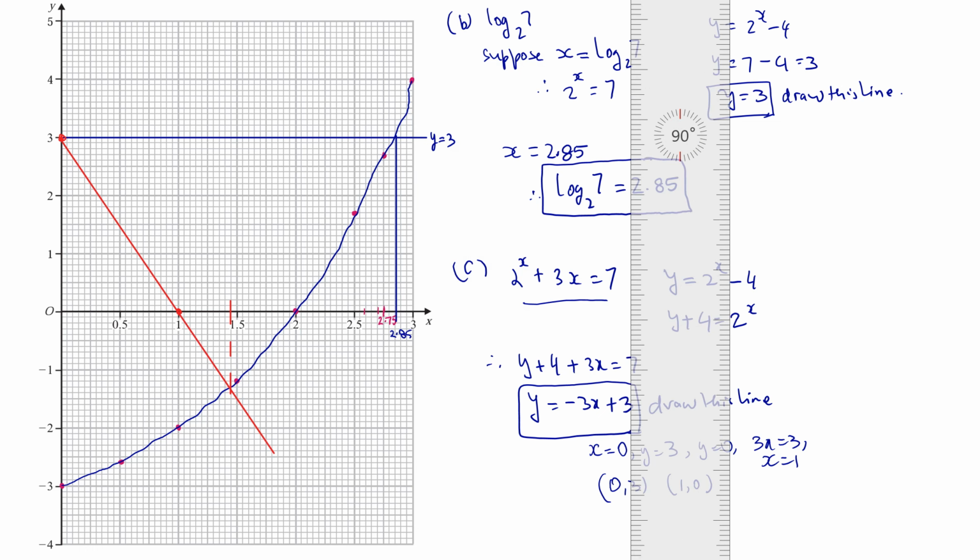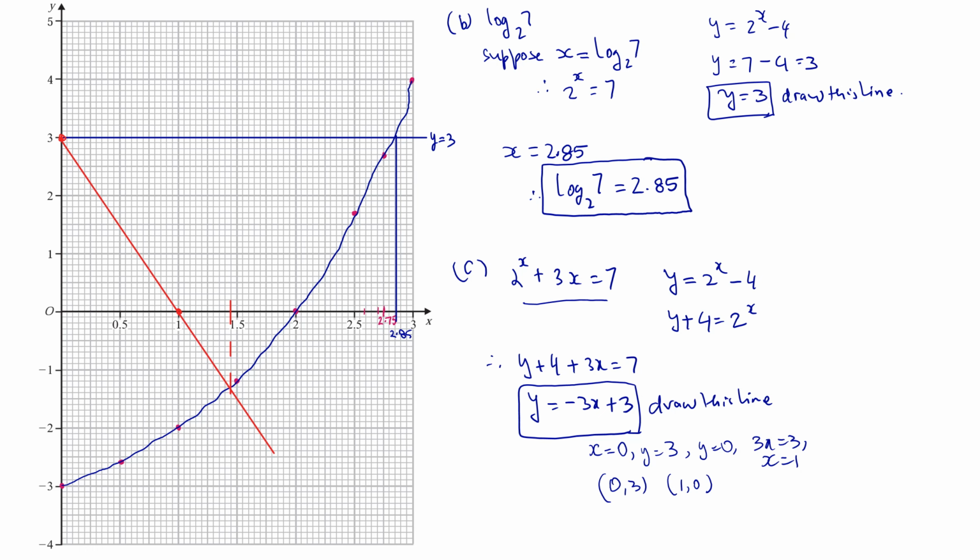According to my drawing, that point comes at x equals 1.45. So the line y equals minus 3x plus 3 cuts the curve at x equals 1.45.